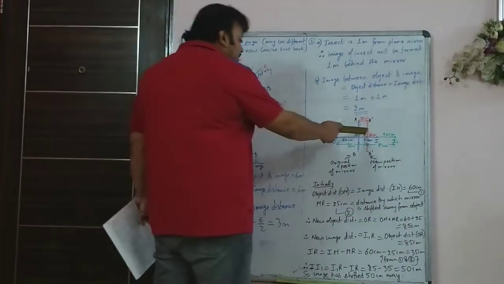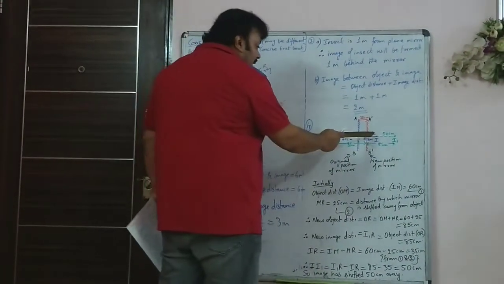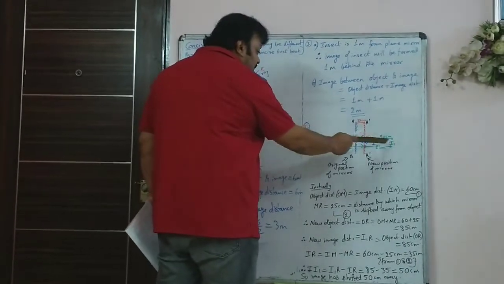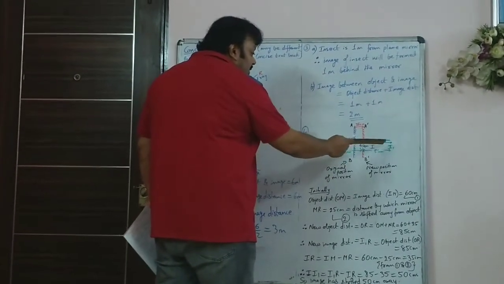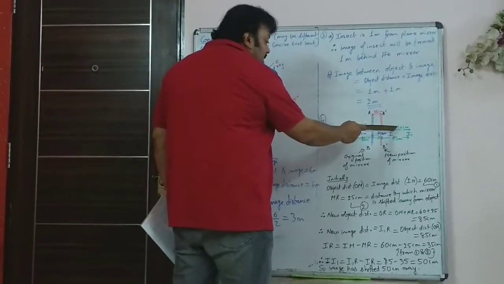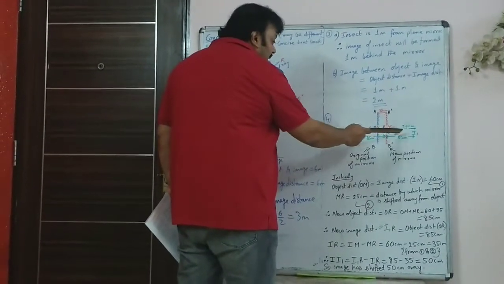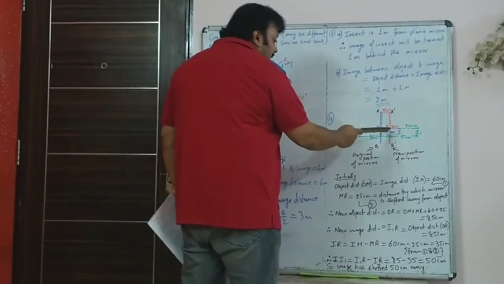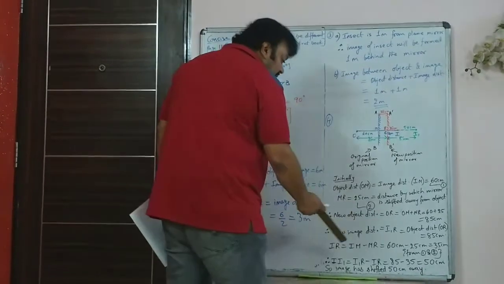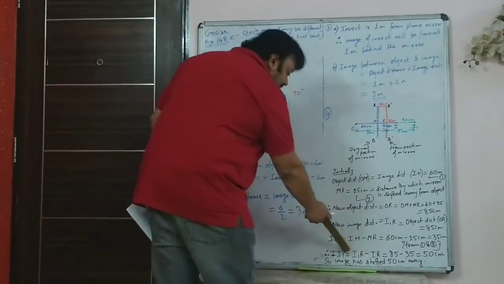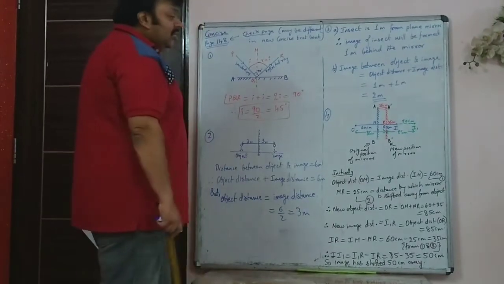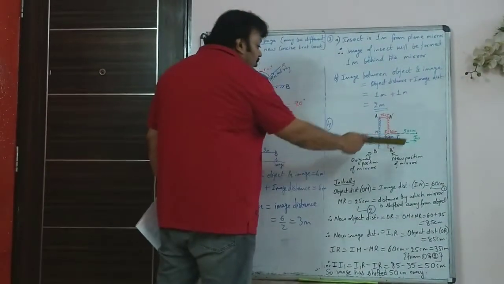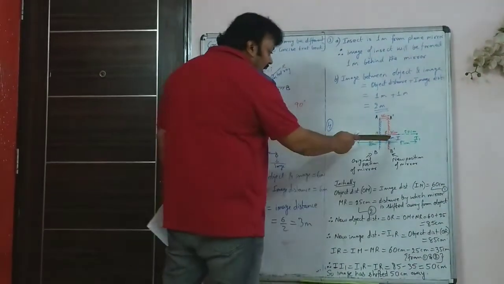If IR is 35 centimeter and I1R is 85 centimeter, then the distance I1 to I would be I1R minus IR. So I1R minus IR will be the distance between the original and new position of the image.